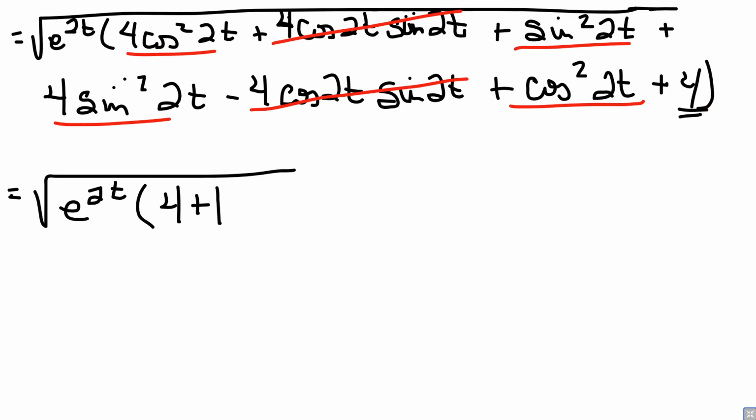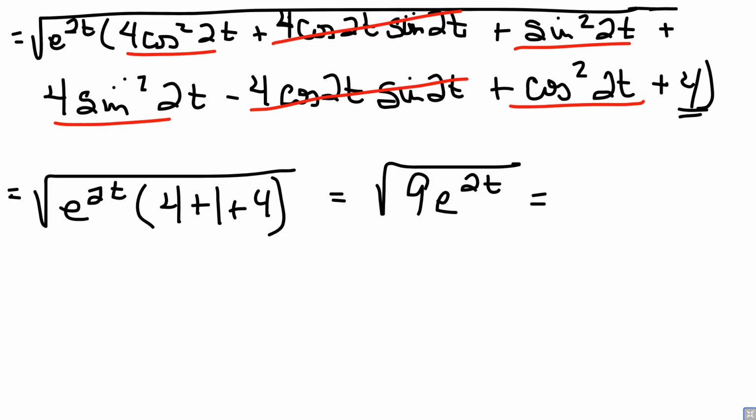And then I can't forget this term. So I end up with the square root of 9e to the 2t. When I take the square root of this, I just end up with 3e to the t. Okay, as I said, these problems are designed so they come out nice and clean.